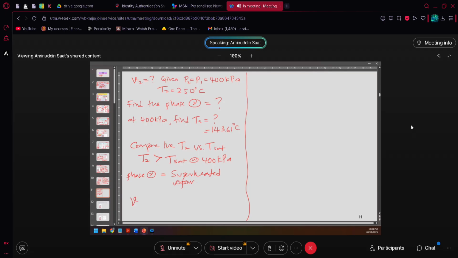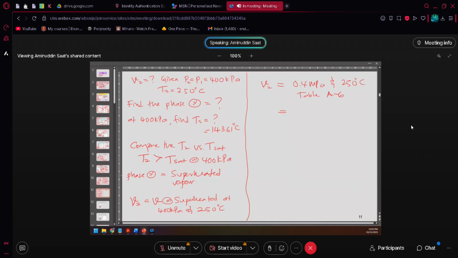So V2 equals V at superheated, at 400 kilopascal and 250 degrees Celsius. You can find V2 directly from 0.4 megapascal and 250 degrees Celsius in table A6.